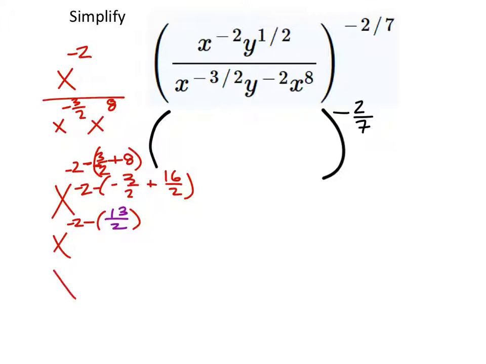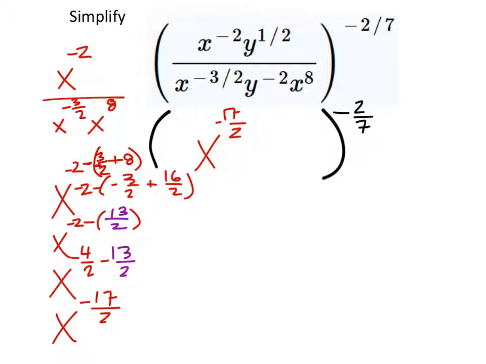So I'm going to change that negative 2 into negative 4 halves, and we're going to subtract that 13 halves as well. And so I end up with x to the power of negative 17 halves. Now that's in the parentheses, right? So x to the power of negative 17 halves, which does not resolve the y's, which is what we will do now inside the parentheses.